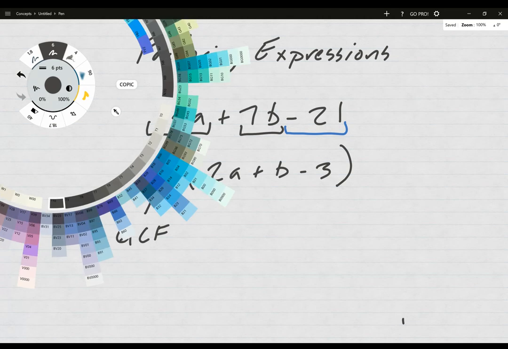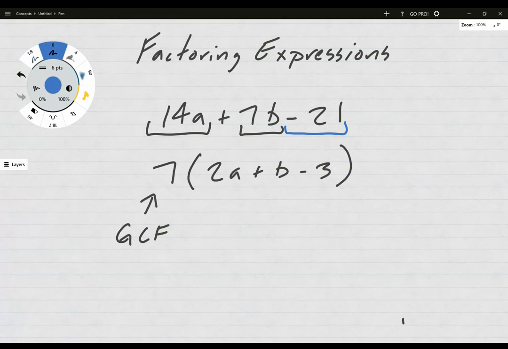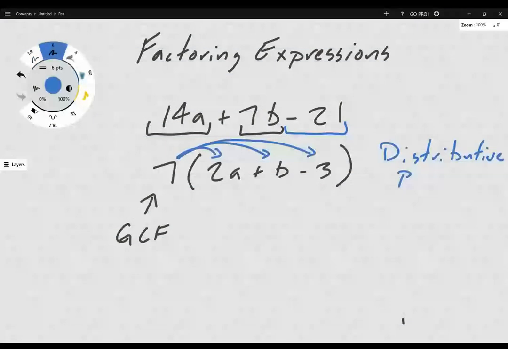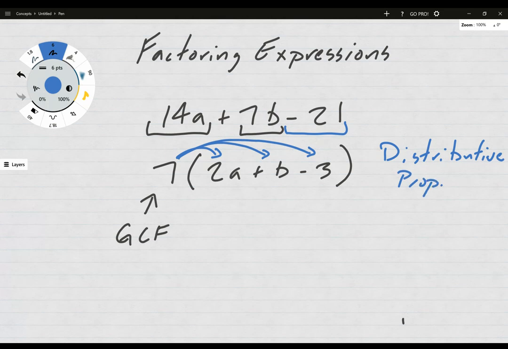And again, if you want to double check to see if you're correct, you can always multiply your greatest common factor by each term inside the parentheses. This is also known as the distributive property, which we have seen before and which we will be using later on with expressions as well.